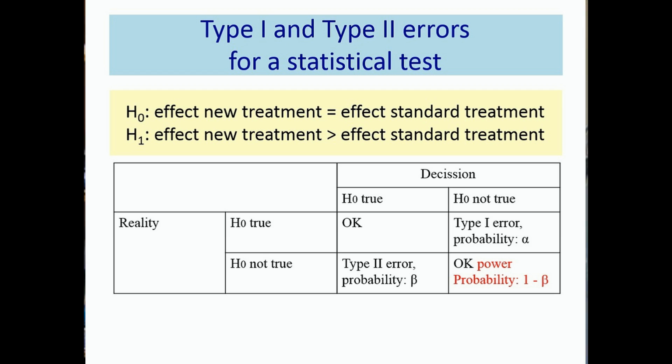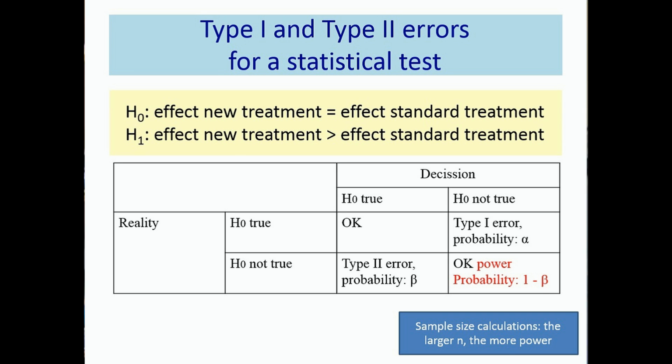Be sure that your research always has a power larger than 80%. You can do so by including a sufficient number of respondents. I will tell you more about sample size calculations in another video. For short, the larger your sample, the higher the power.